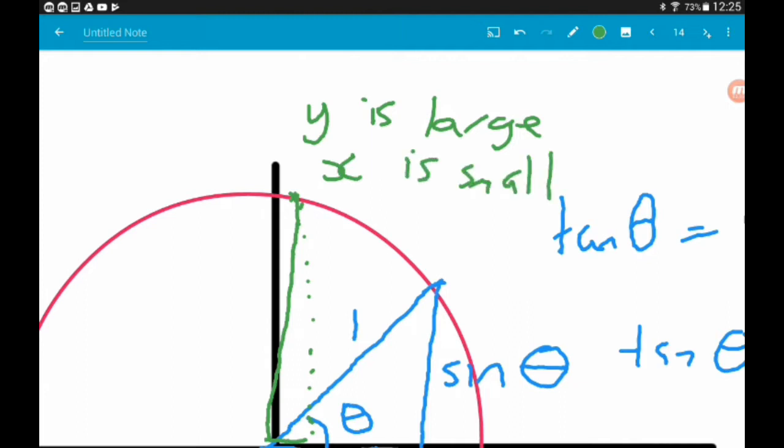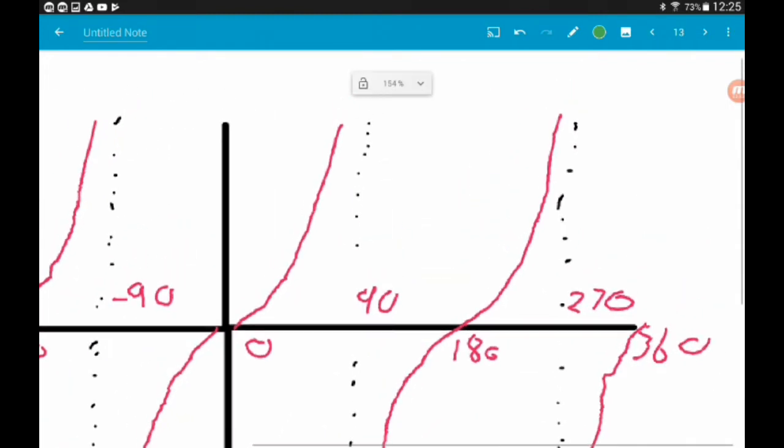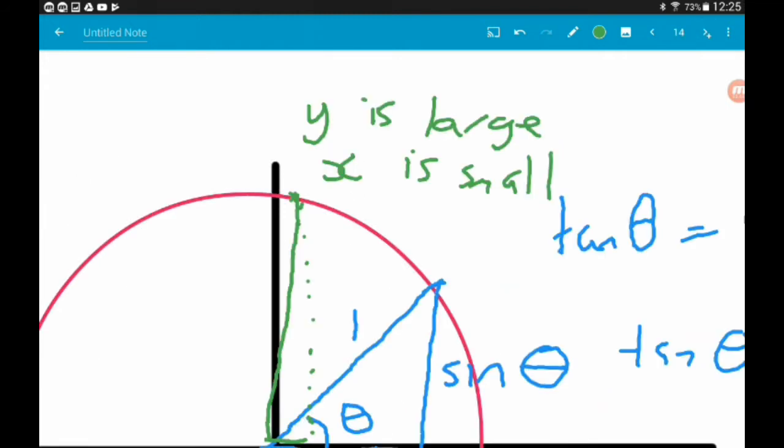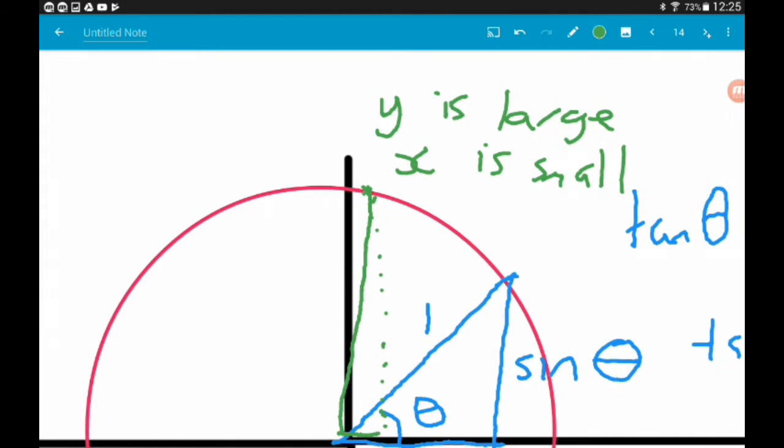So remember from our graph of tan, as we get really close to 90, the graph shoots off up to infinity. So what's going on there is, if you do a large y value divided by a really small x value, you're going to get a massive, massive number.